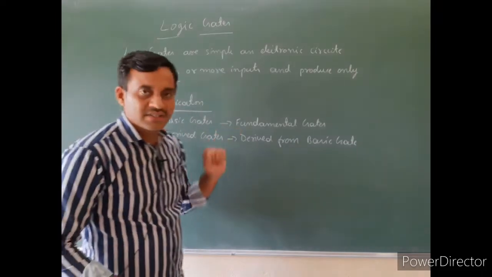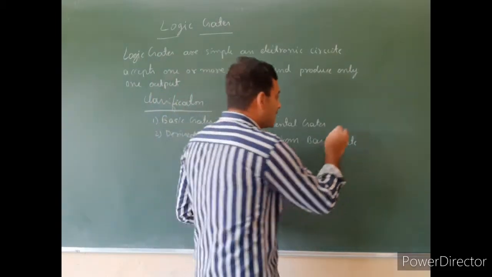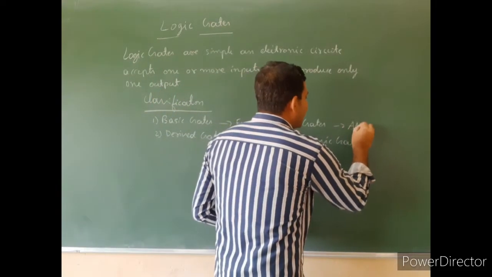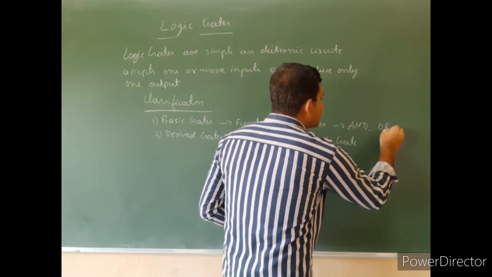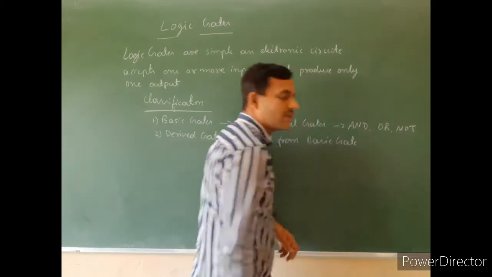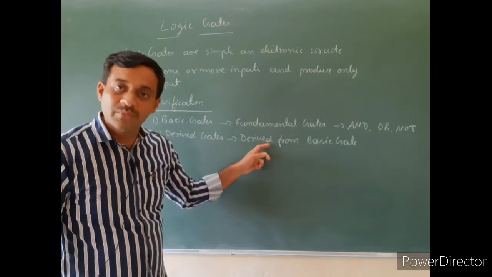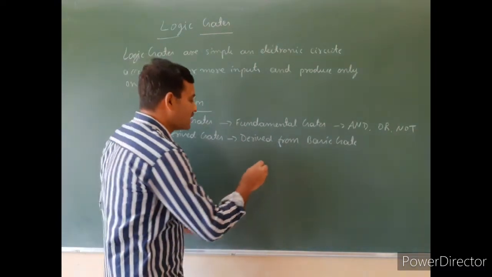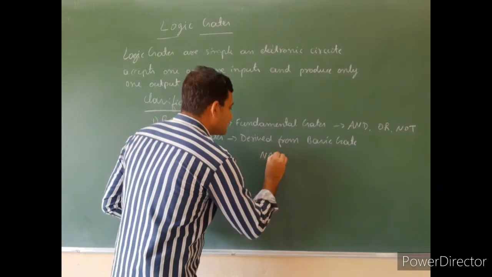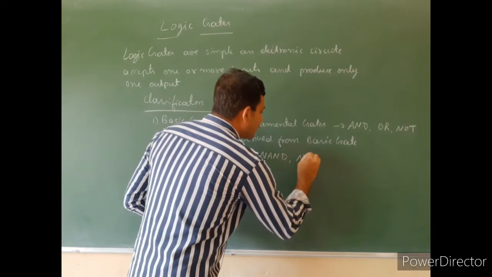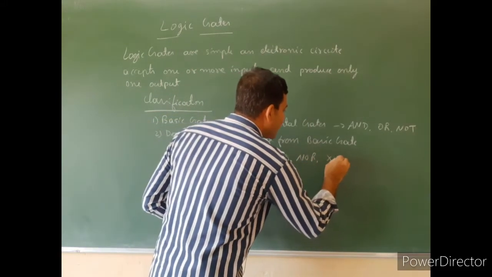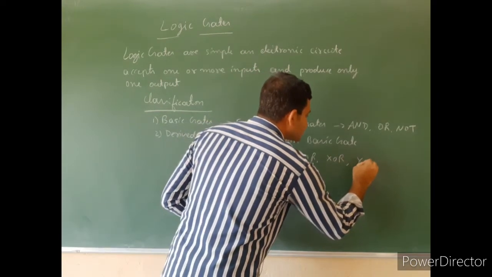Then the basic gates, the fundamental gates, are AND, OR and NOT. Then derived gates, these are derived from basic gates. So derived gates are NAND, NOR, XOR, then XNOR.